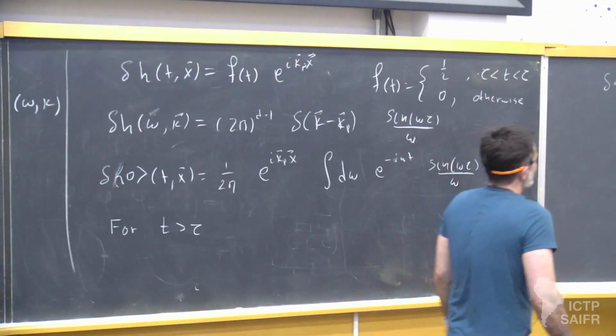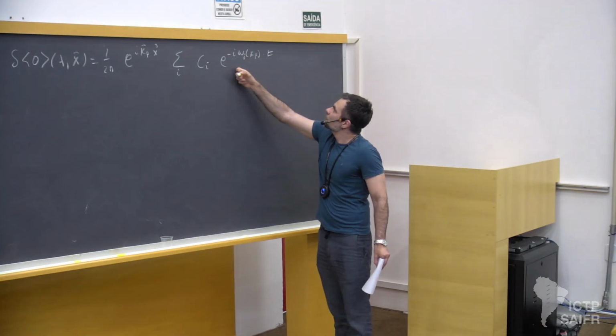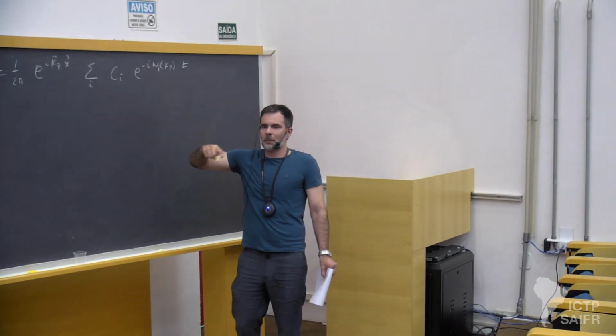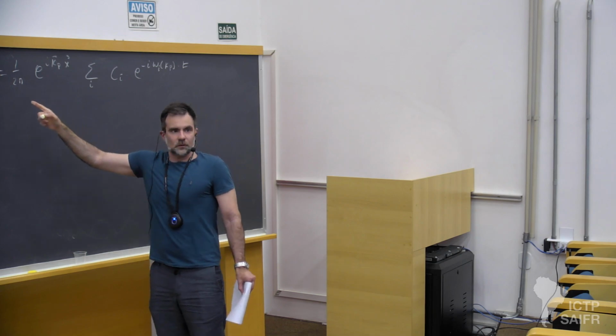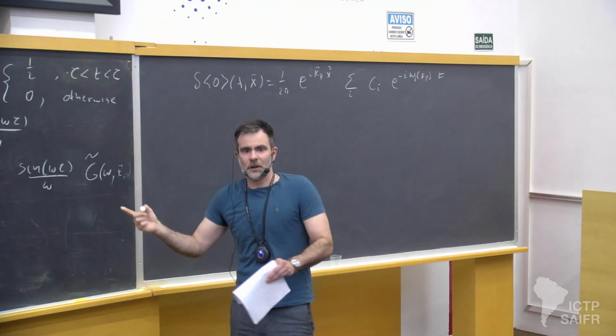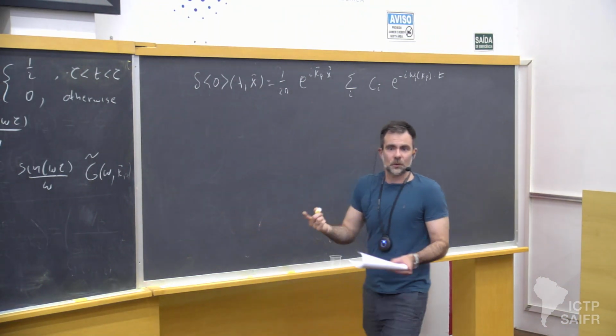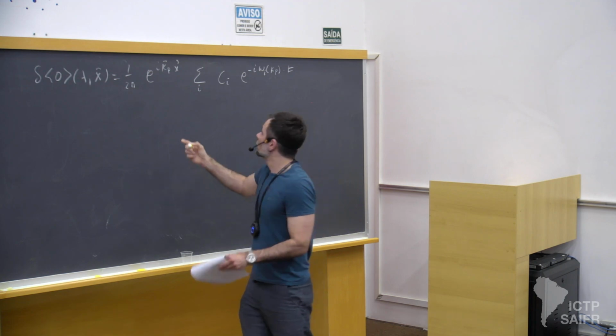Okay? So what does stability require here? So you see, somehow, I need to go back to equilibrium, right? So the perturbation would have to fade away. I would have to go back to my thermal state, and if my thermal state did not have a VEV for O, I would go back to 0.